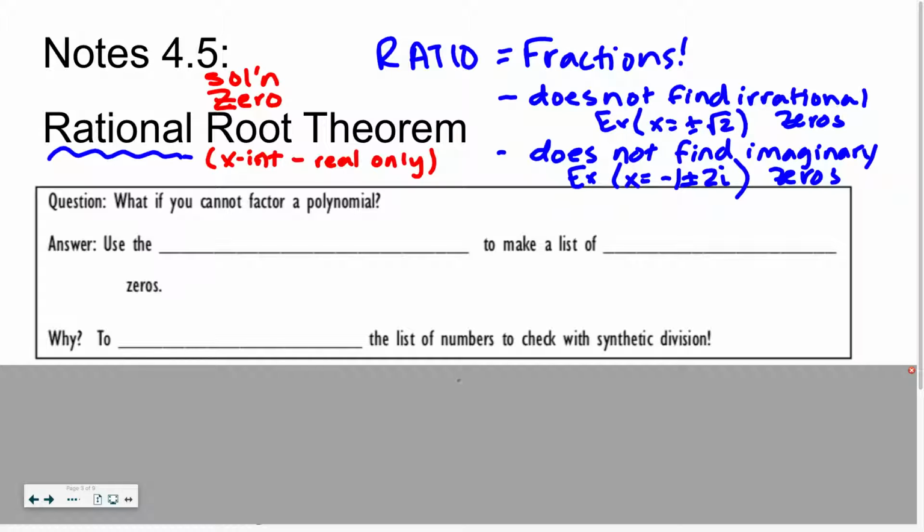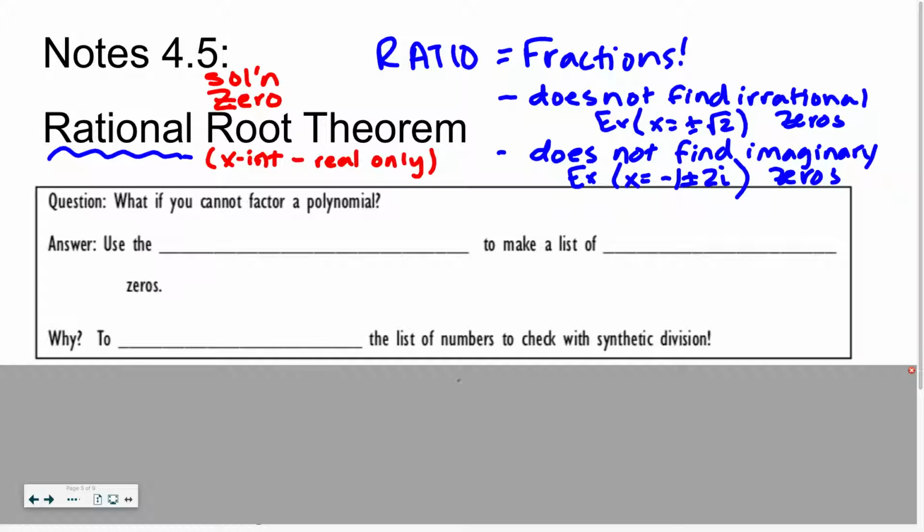Okay, so why the rational root theorem? When I asked you on the warm-up to find a zero, I gave you a polynomial with 4 terms. So you might have checked for a GCF and then you chose factor by grouping. If it was 2 terms, you might look for difference of perfect squares, sum or difference of perfect cubes. And if it was 3 terms, you would guess and check.